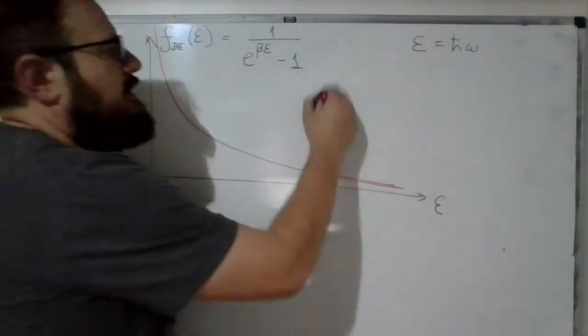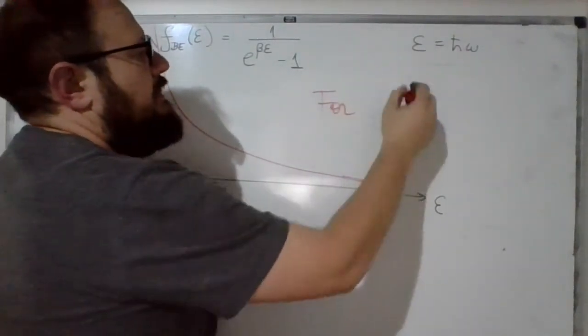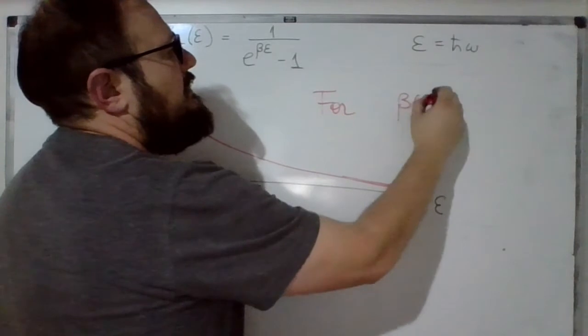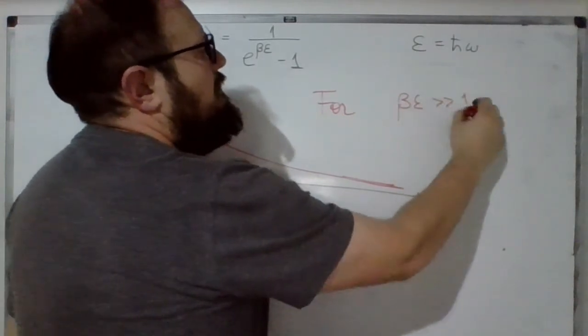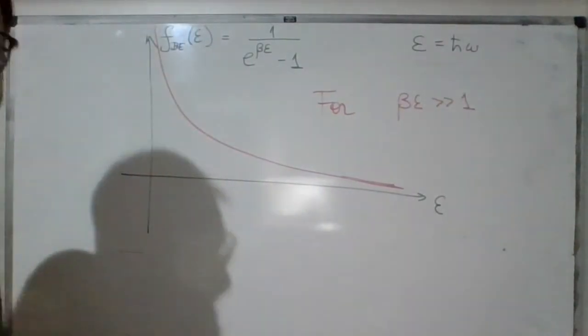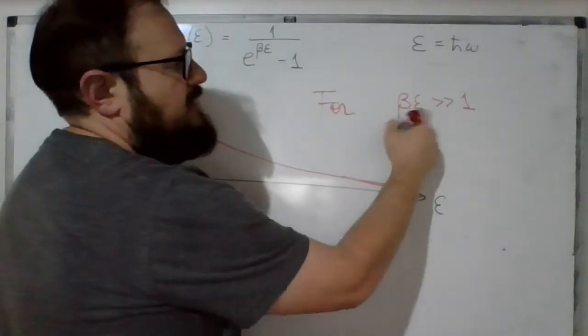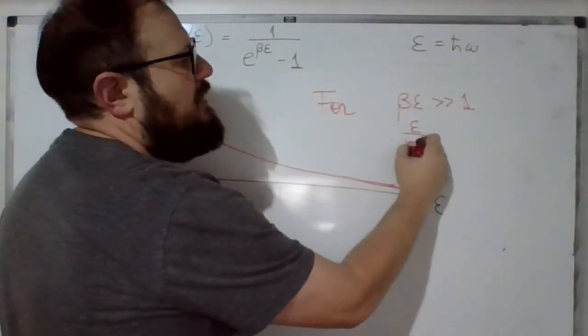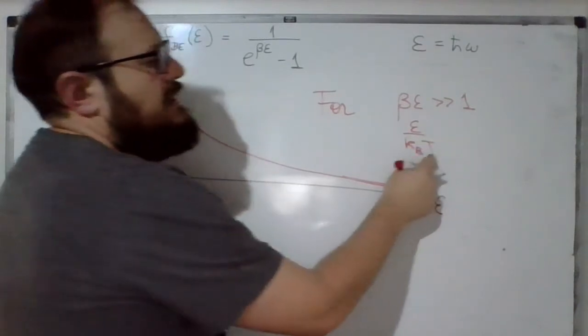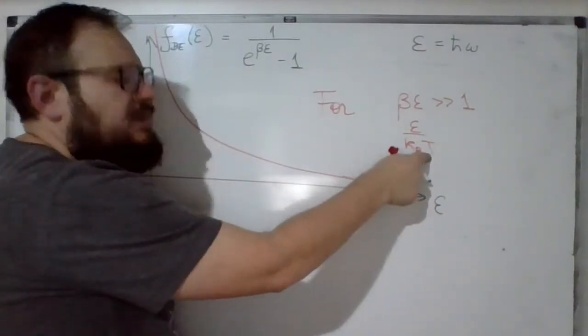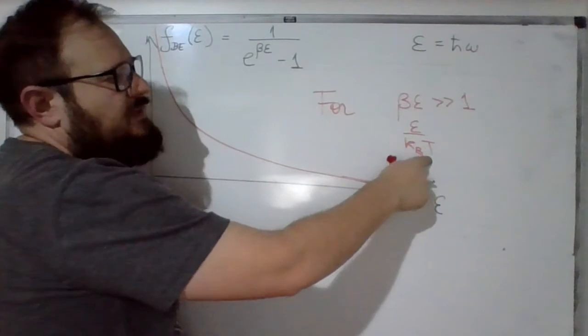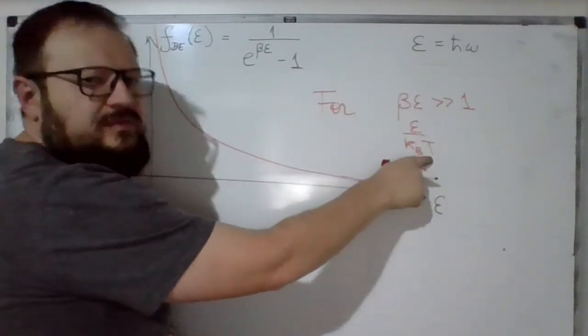So for beta E much greater than unity, remember this beta is related to the temperature, which corresponds to a high energy compared to the temperature.